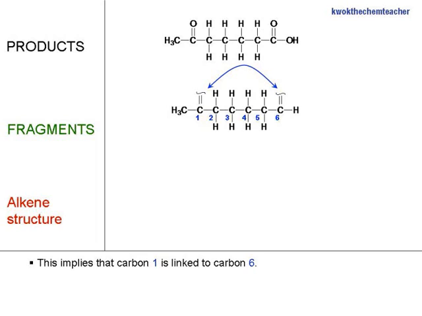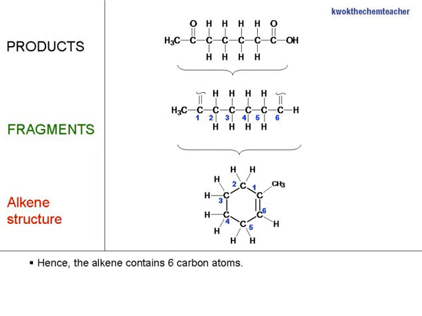Hence, the alkene contains 6 carbon atoms, with the carbon-carbon double bonds at carbon 1 and carbon 6 respectively. Lastly, take note that a methyl group is on carbon 1.